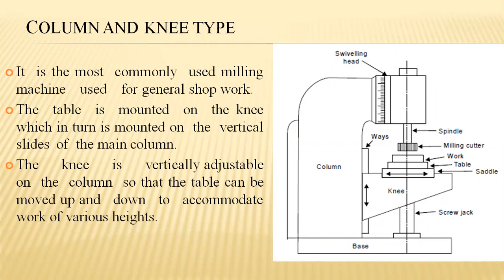The column and knee type of milling machine consists of a base, and this entire equipment will have a swiveling head fixed, and the spindle orientation with respect to the motor generates the speed for the spindle, which holds the milling cutter to be worked over the table, as clearly specified in the diagram, based on the requirement of the shapes that need to be given to the work part during the machining process.